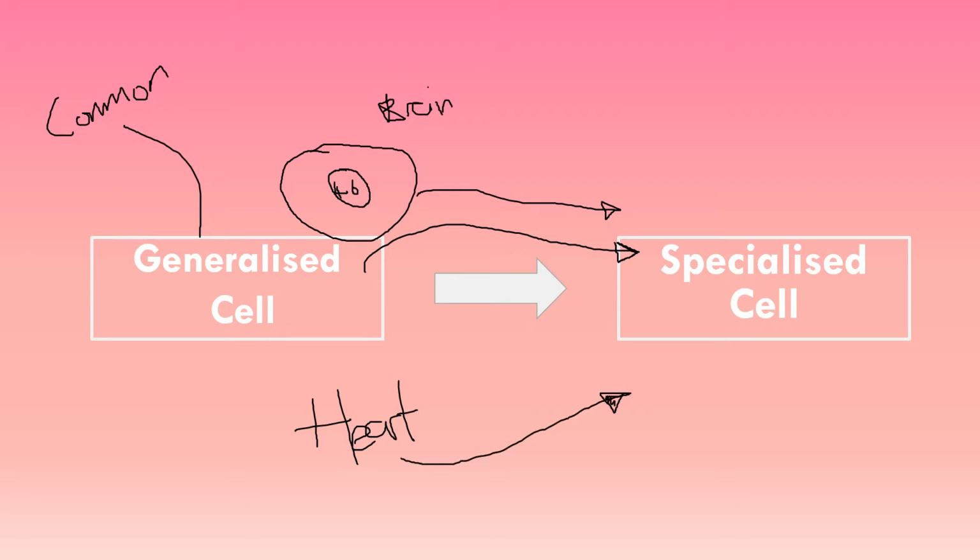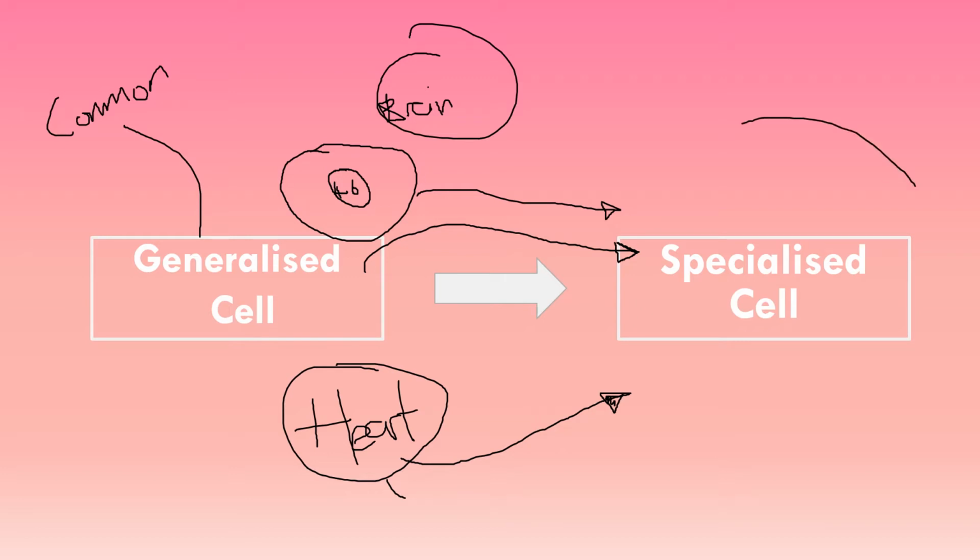Now there's going to be massive differences between a neuron or a nerve and a cardiomyocyte, because this has to contract and it has to pump blood around the body and create force, and the neuron has to send electrochemical messages to and from a particular place, and you don't need any contraction there.